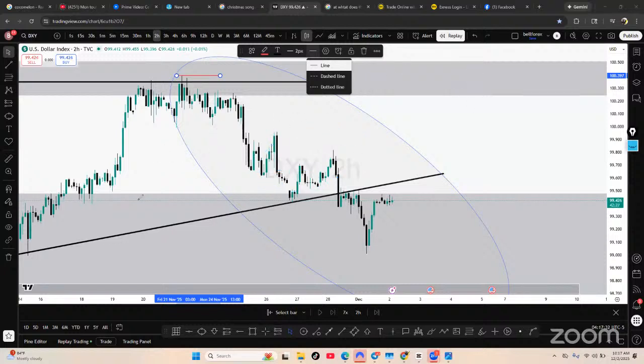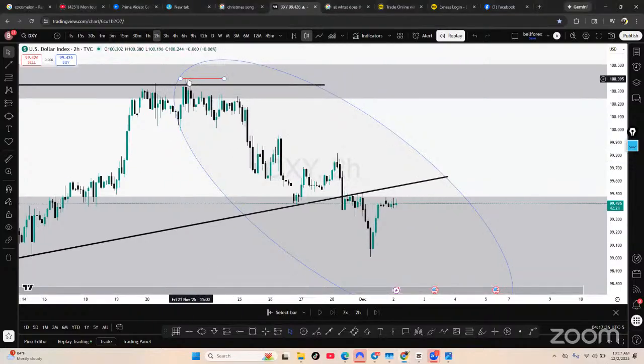So, we leave from here. It goes thus. Pop. It creates a low here. And here it creates a high. So go like this, and we move down.